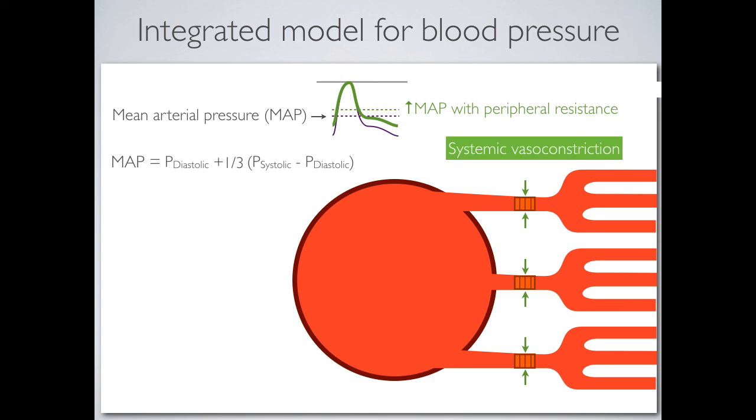Does that make sense? So we're integrating what the heart's capable of, where we can have changes in heart rate and stroke volume. We'll talk about the details of that later. And here we see how in the periphery, that is in the small arterioles in your systemic circulatory system, there's a level of control that is influencing the pressure in the major arteries.